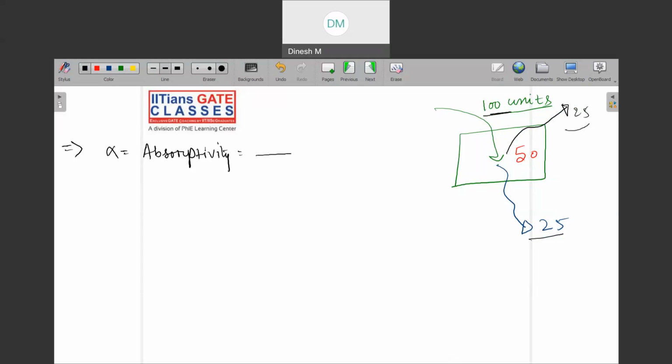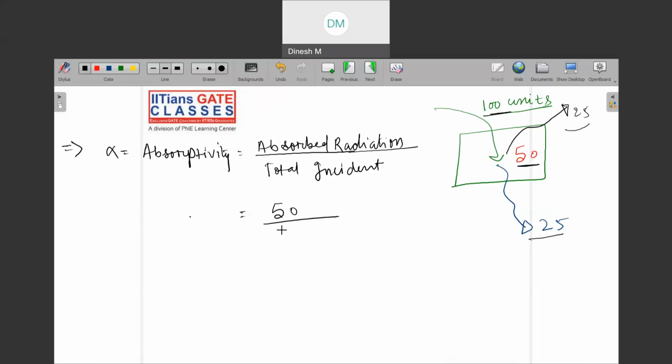It is the ratio of the absorbed radiation divided by the total incident radiation, right? For example, here it has absorbed 50, and how much was the total incident? 100.